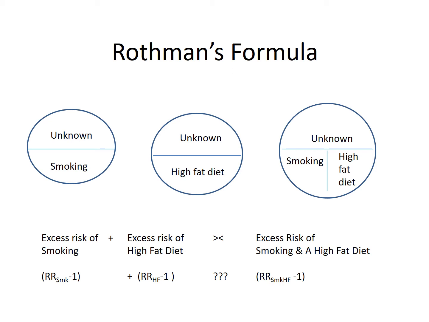Additionally, the question is whether there is an excess risk, so whether there's a greater than or less than or even equal to, when you're looking at the additivity of the effect modifier, the exposure, and the effect modifier together, and you're comparing it to the results of people who have both of those risk factors, the effect modifier and the exposure.